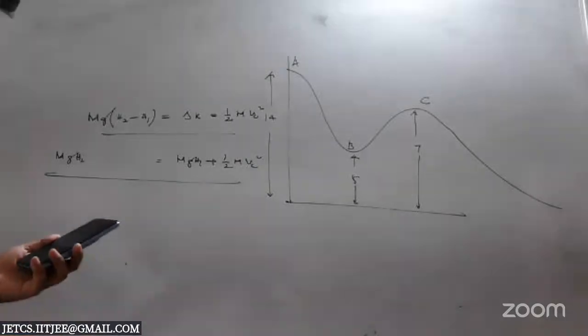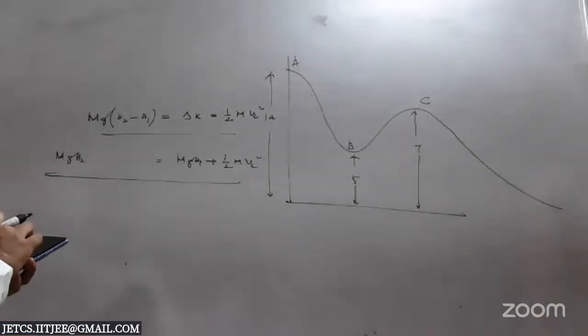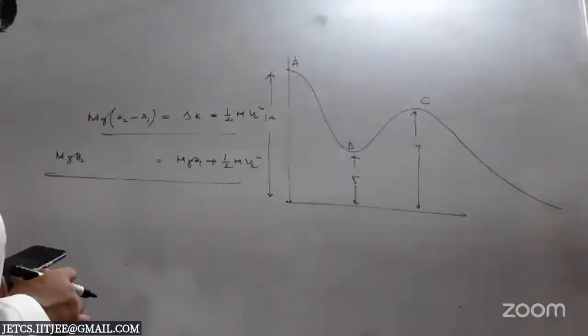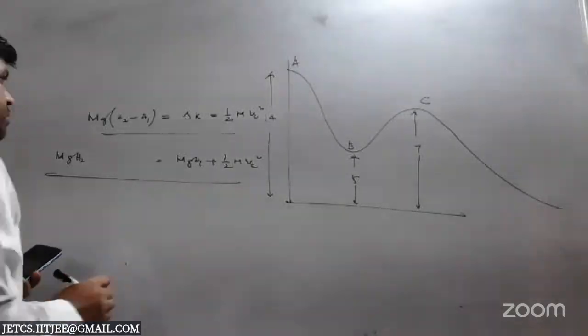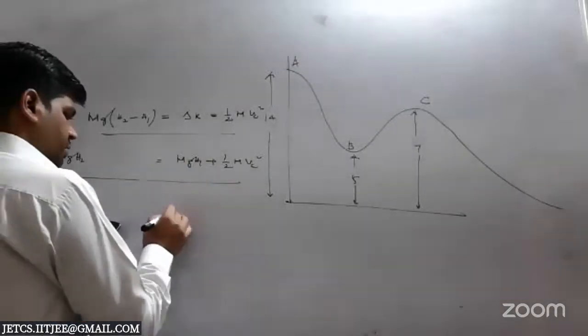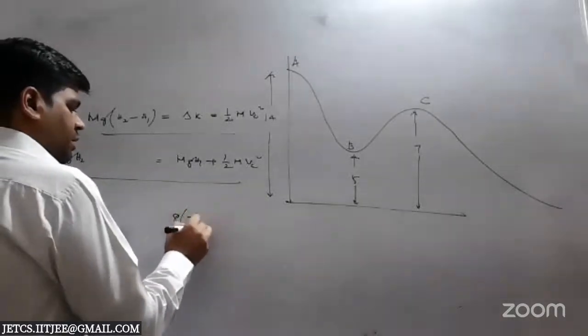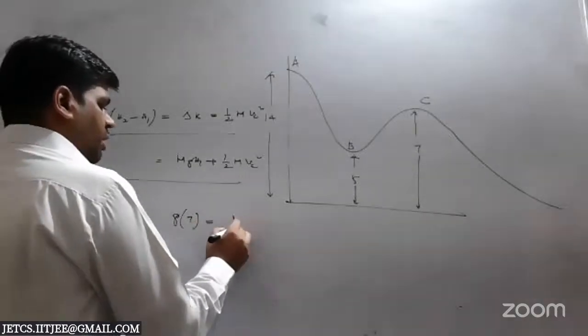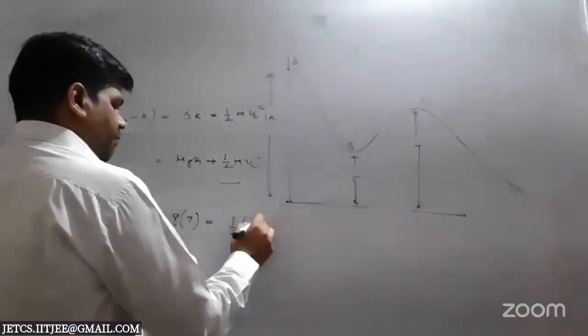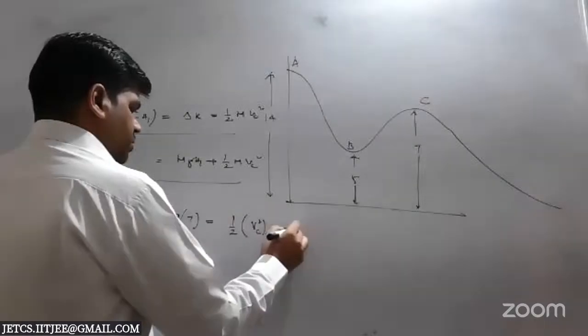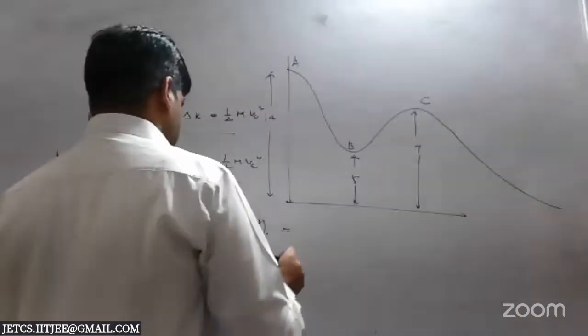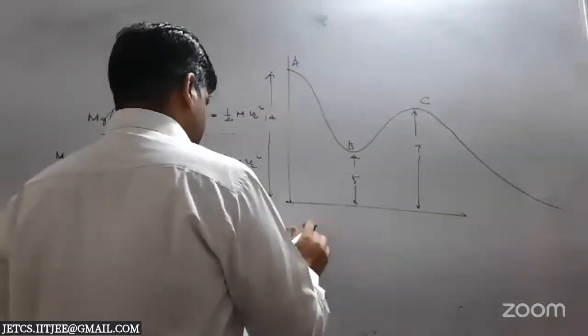Okay, so what's the answer for this one? Mg into 14 minus 7 equals half m v square, m gets cancelled out. So g into 7 is equal to half vc square. He's asking kinetic energy, right?